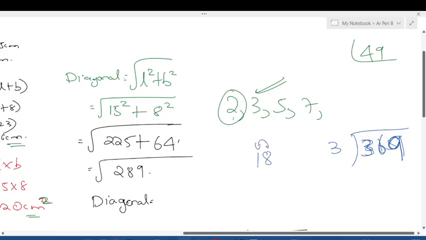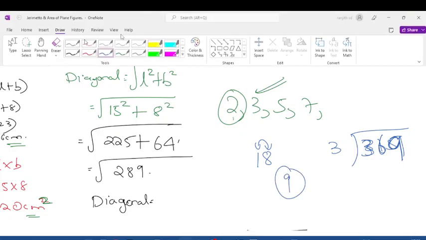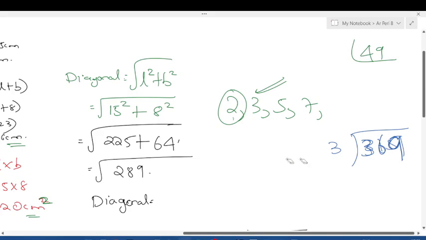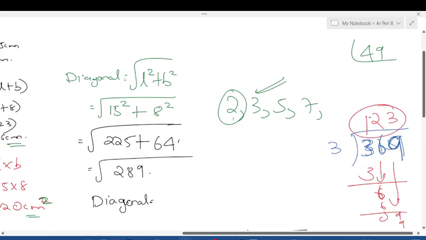Again add this until you get single digit. Add 8 plus 1. Is 9 divisible by 3? Therefore, 369 will be divisible by 3, students. Look here, let me divide and show. 3 ones are 3. Then bring down 6. 3 twos are 6. Then bring down 9. How many times 3 goes in 9? 3 threes are 9. Isn't it divisible?